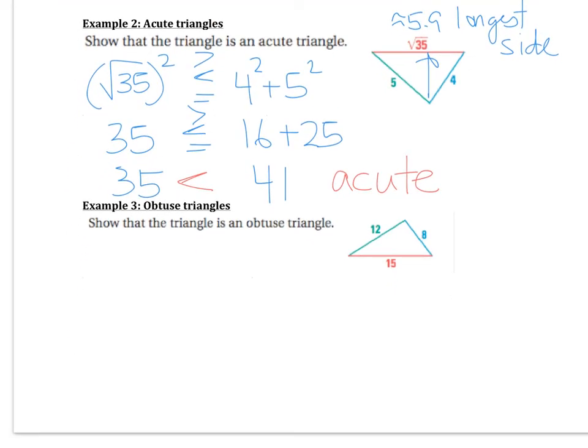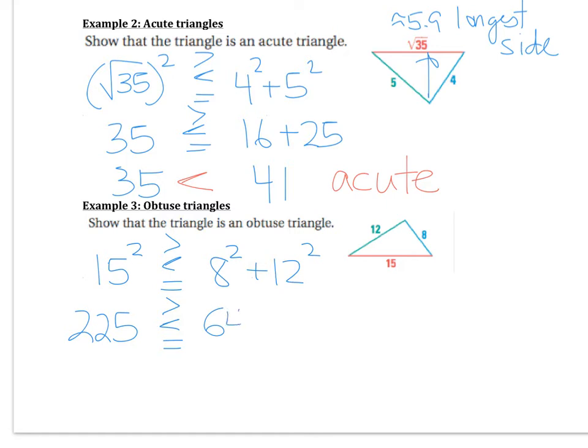All right, looking at this triangle, my longest side is the 15. In your examples, you're not going to know. This one is saying just show that it's obtuse, but in your examples, you're going to have to figure out which one it is. So it's best to just practice that now. 15 squared is 225. 8 squared is 64, and 12 squared is 144.